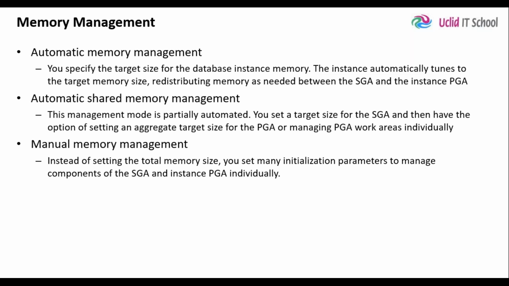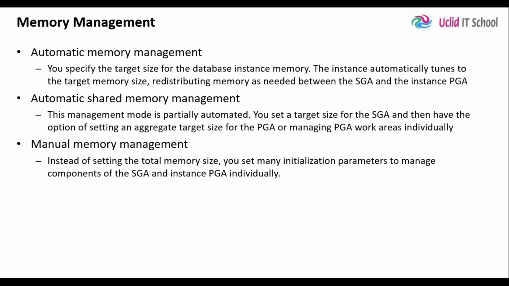So suppose as a DBA you specified total memory size as 3 GB. That's it. That is what we need to specify. How do you specify that? Using instance parameters. When you create the database, you have something called a parameter file. The parameter file will have parameters, which are individual settings for various components of the database. Now as a DBA, you will specify memory target as 3 GB.